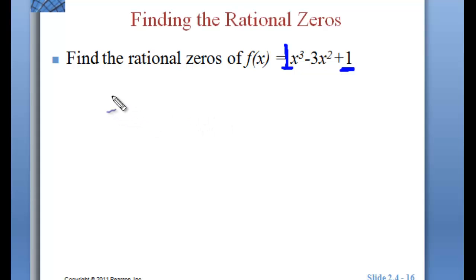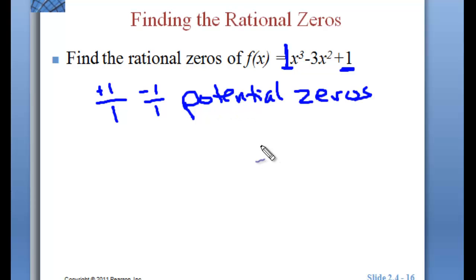Therefore, the potential zeros are positive 1 over 1 or negative 1 over 1. Those are the only factors of 1. So all the rational zeros are either 1 or negative 1. So these are the potential zeros.